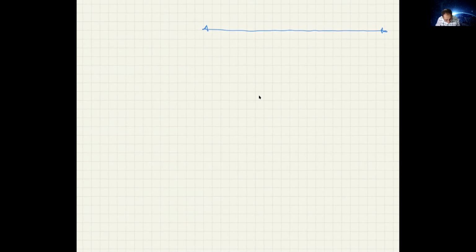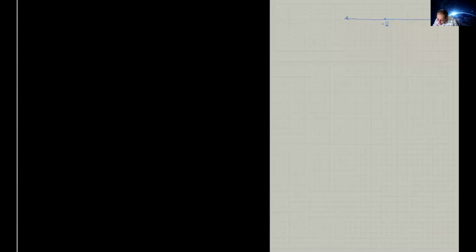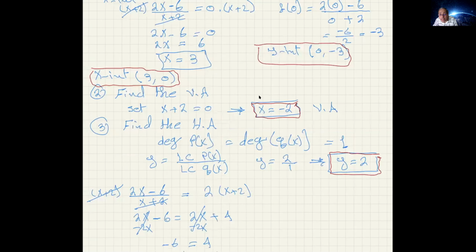The vertical asymptote is -2, and the x-intercept is 3. So I'm going to plot -2 and 3 on the line.